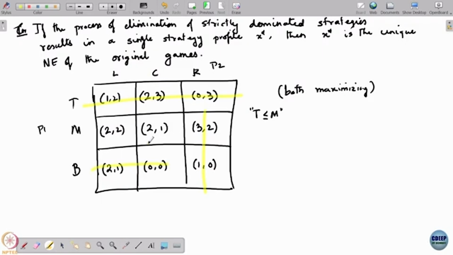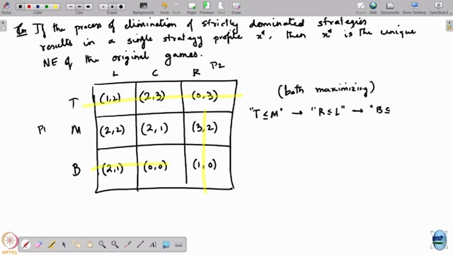And then C is dominated by L, and so you are left with an equilibrium, which is: R dominated by L, followed by B dominated by M, followed by C which is dominated by L, and that leaves us with the equilibrium ML. Okay. So, ML is a Nash equilibrium of the original game. That came about from this order.